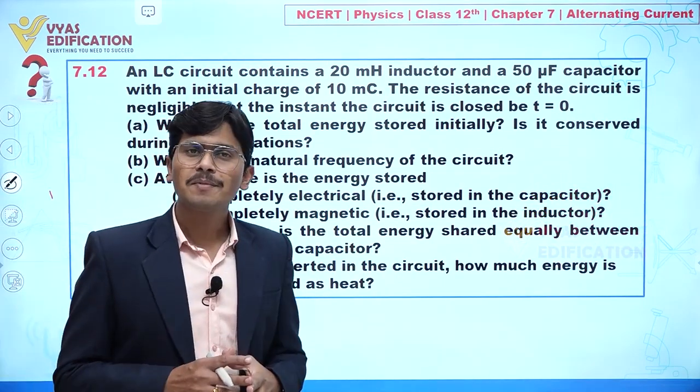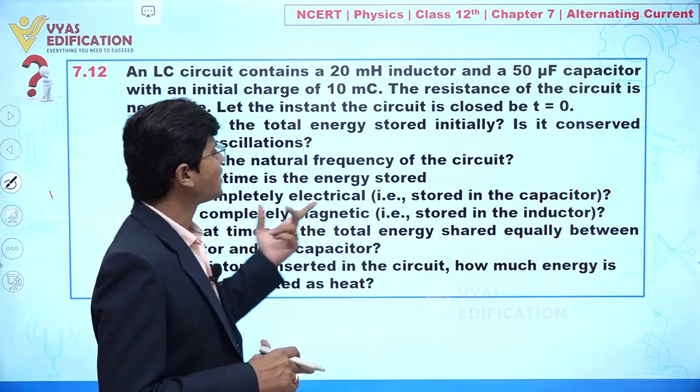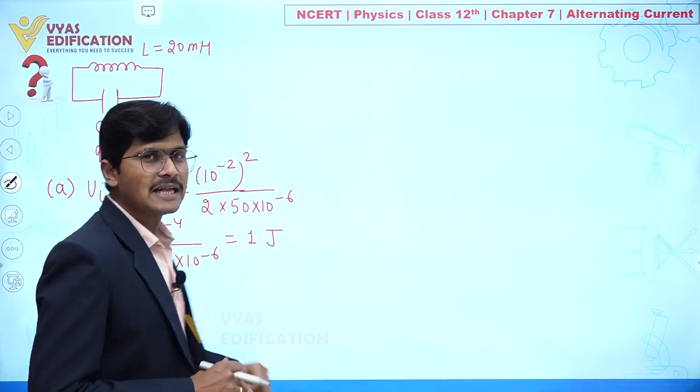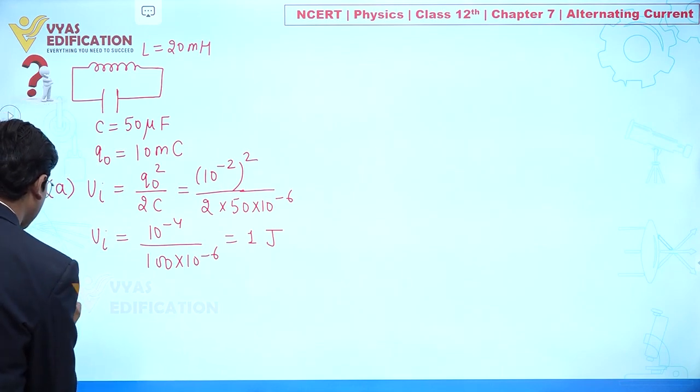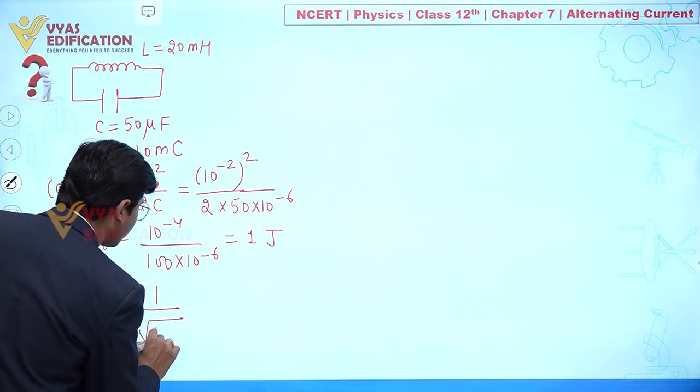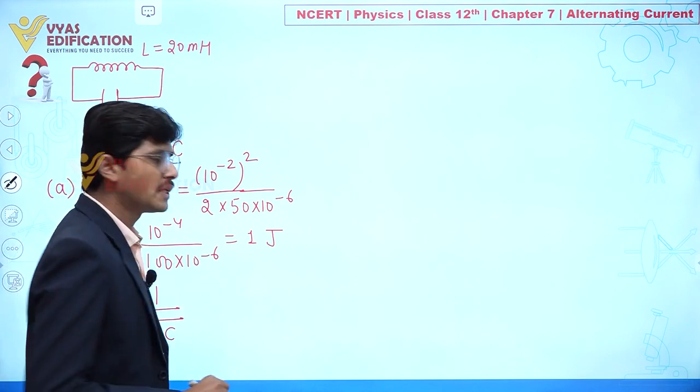Now if I talk about part number B, what is the natural frequency of this circuit, clear? Now you can say this is LC oscillation, so how can we find the natural frequency? Natural frequency is given by omega equal to 1 upon under root of LC, clear?